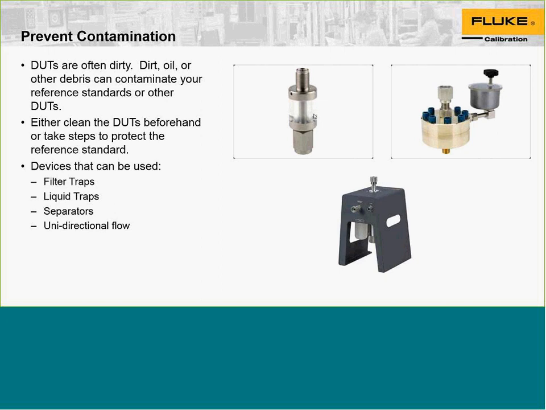In that direction from down to up, liquids that are trapped in the media fall out of suspension due to gravity and do not end up in the reference gauge or the reference standard.